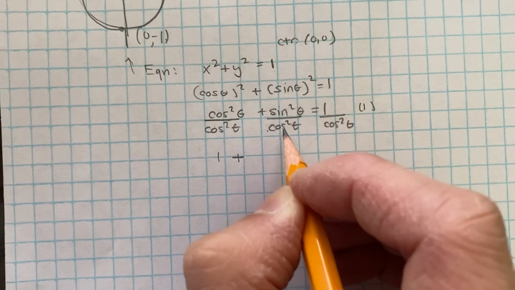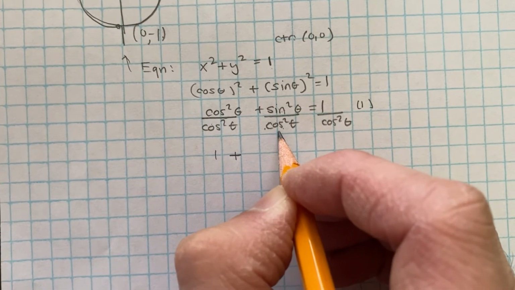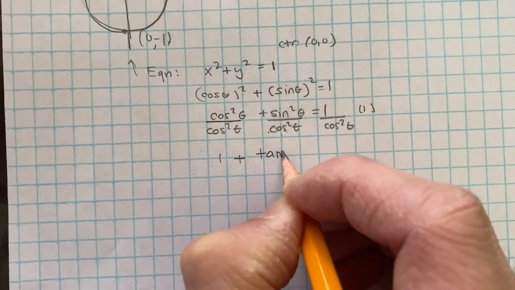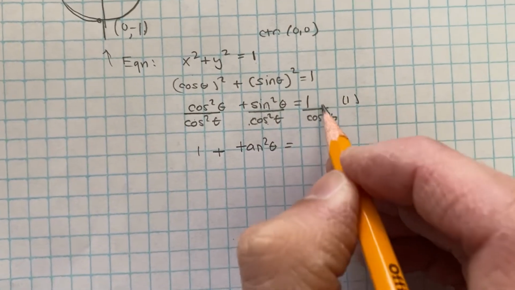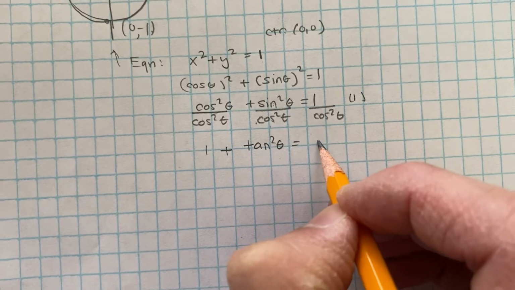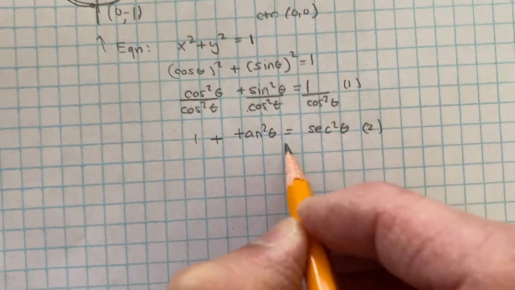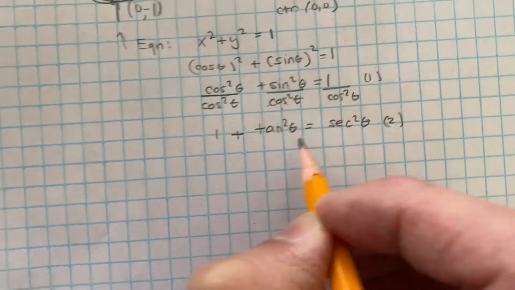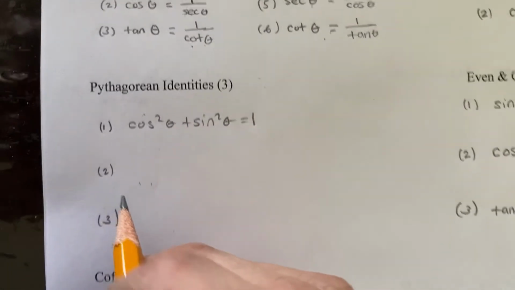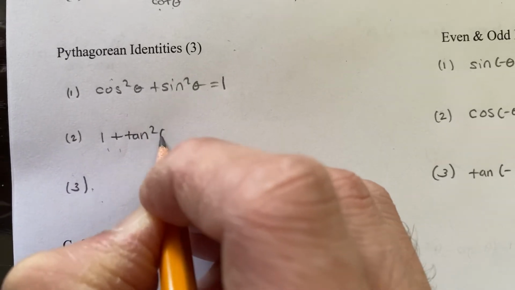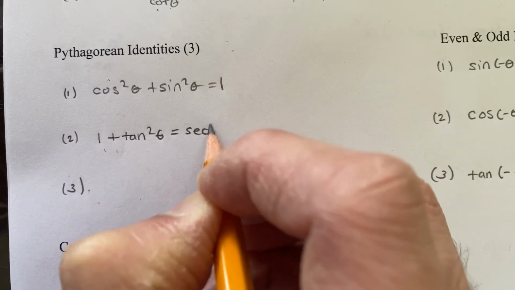Well, we know that sine over cosine is just tangent, so sine squared over cosine squared is tangent squared theta. And 1 over cosine squared, of course, is just secant squared theta. So there is Pythagorean identity number 2, I'm going to transfer that over here: 1 plus tangent squared theta is equal to secant squared theta.